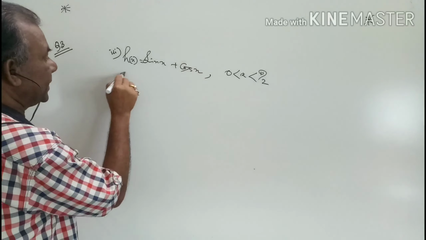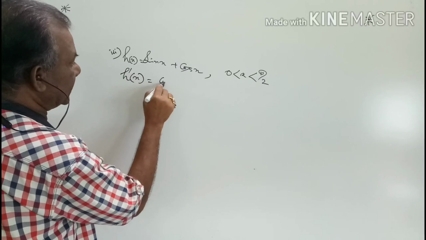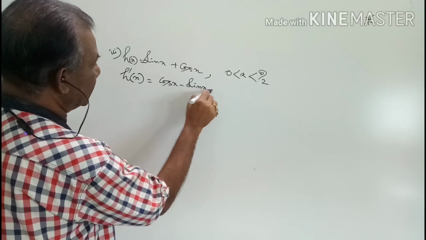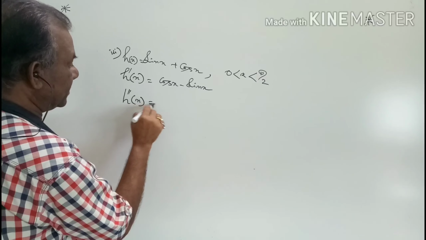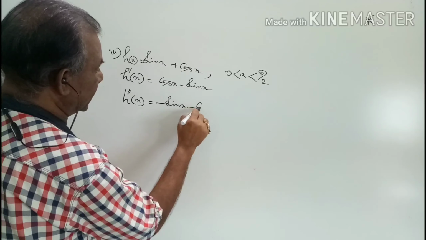Now h dash x equals cos x minus sin x, and h double dash x is minus sin x minus cos x.